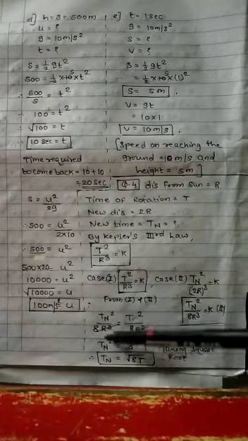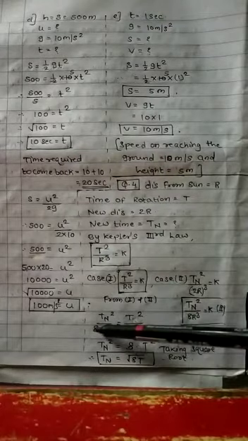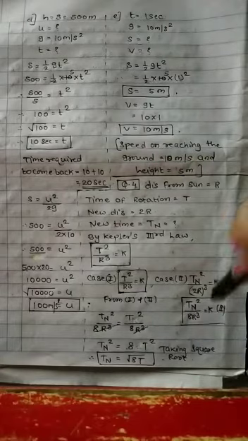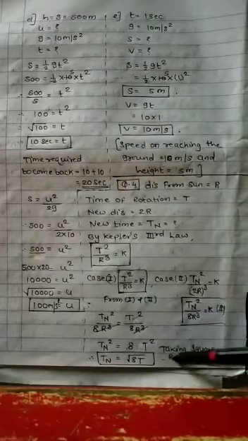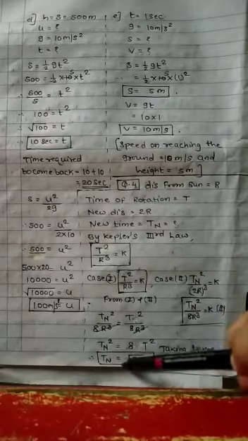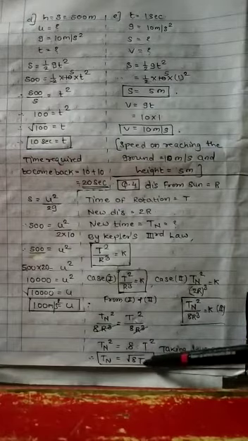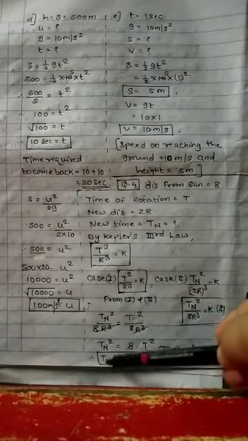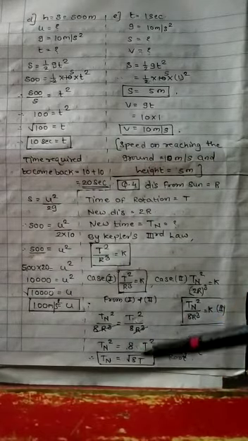So tn square is equal to 8t square. So here taking square root, tn is equal to root 8t. So this is your answer which you have to prove here. Tn, that is the new time period of revolution, is equal to root 8t. Thank you.